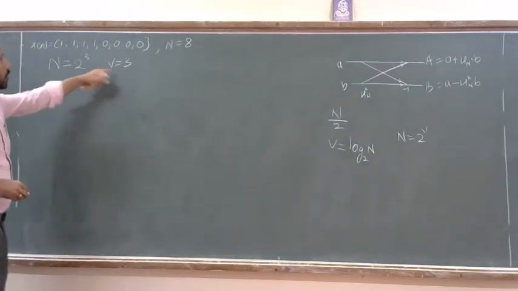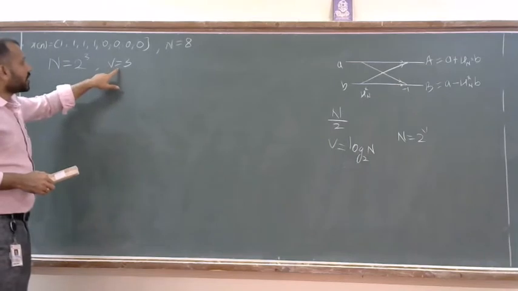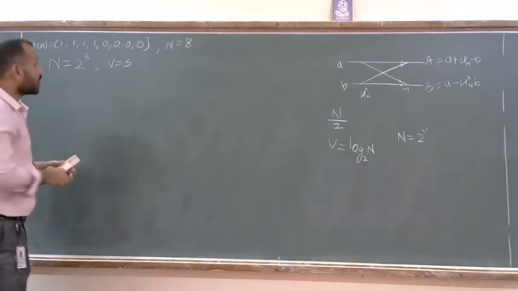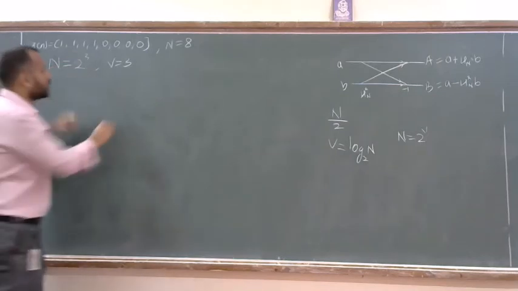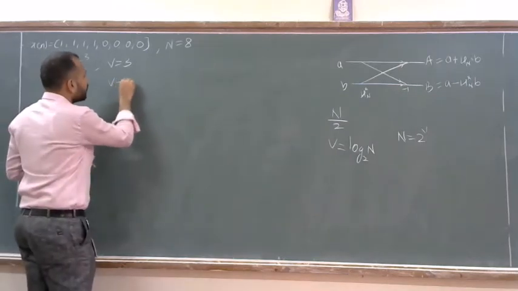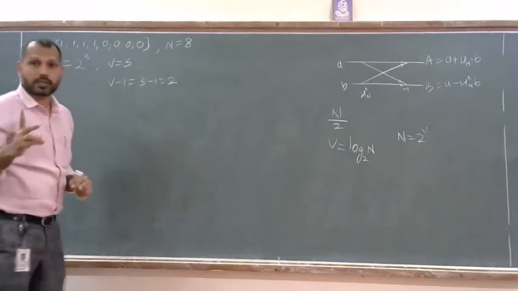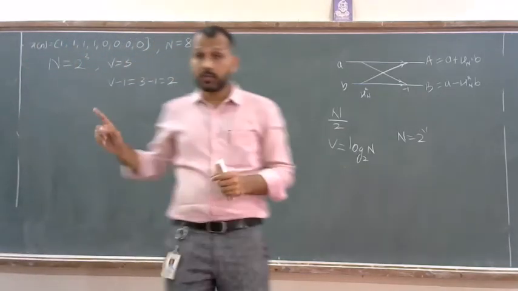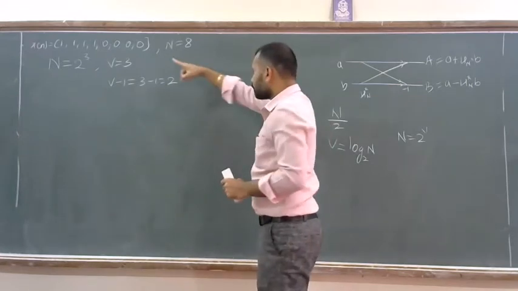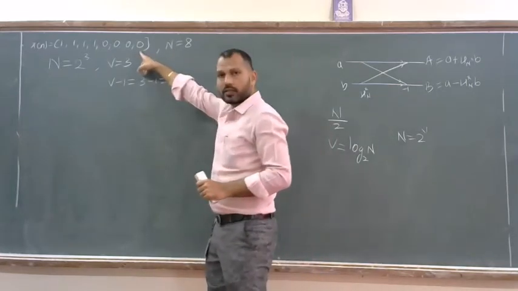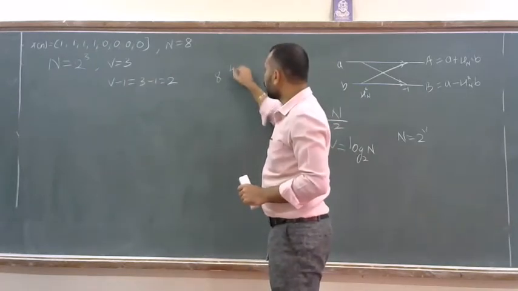Okay. Now, to compute 8-point DFT, we'll be having 3 stages in the signal flow graph, and how many decimations are to be performed on this discrete time sequence? That will be given by V minus 1, that is 3 minus 1, 2 decimations. Now, these 2 decimations: first, the 8-point sequence will be divided into 2 4-point sequences.